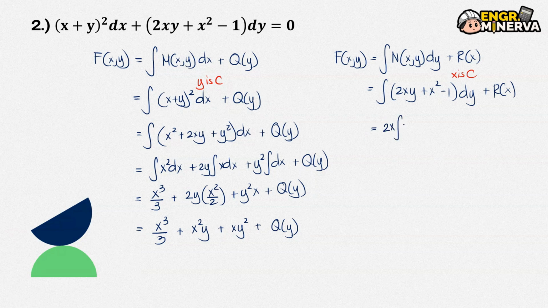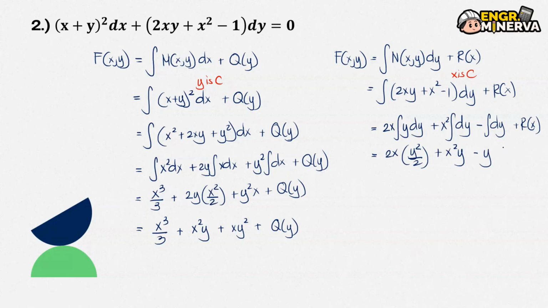That would be 2x integral of y dy plus x squared integral of dy minus integral of dy plus a function of x. So that would be 2x multiplied by y squared over 2 plus x squared y minus y plus a function of x. So that would be xy squared plus x squared y minus y plus a function of x.